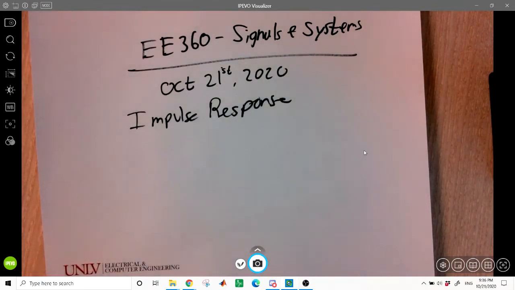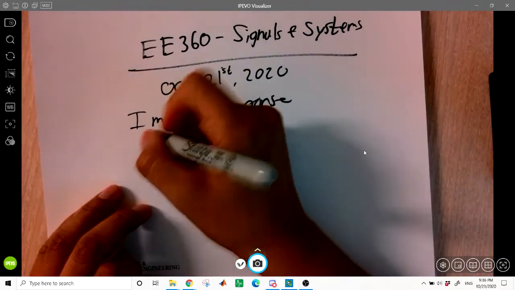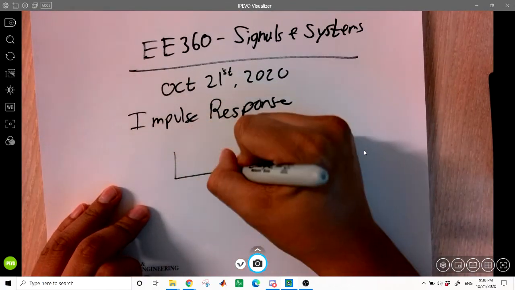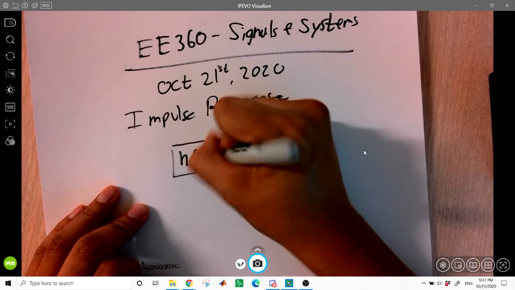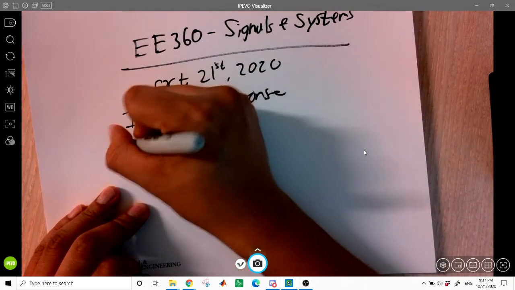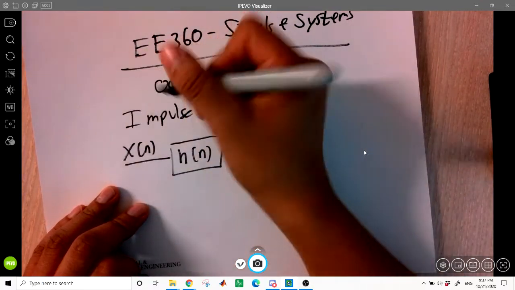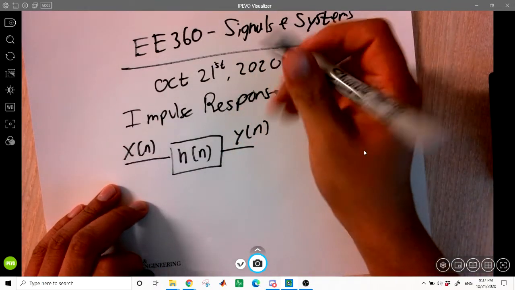I'm going to be going over impulse responses, which will show you the following. Suppose we had a system H, and we're going to go into the discrete domain because it's much easier to explain. It will have some input, and we don't even know what this input is. X of n spits out some output, y of n.